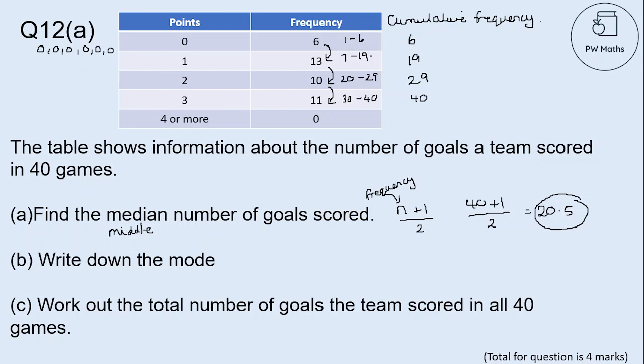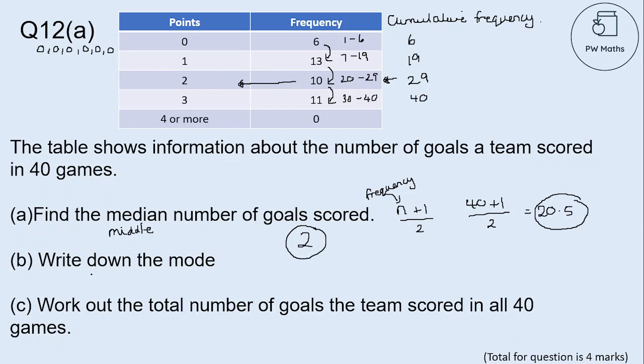It's not going to be here. 19's not big enough. So it's going to fall in this row here, the pieces of data 20 to 29. Read across the table then, and it's going to tell you that your median points scored was 2. So your answer there was 2.